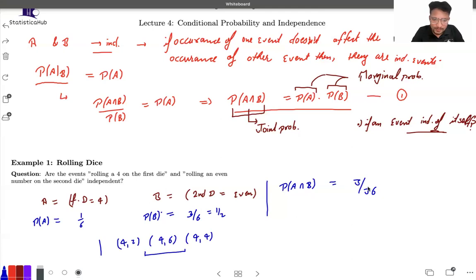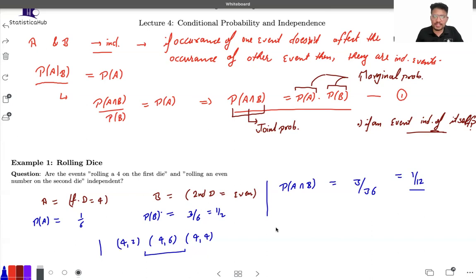Just check whether I missed something or not. We are having 4 on the first dice and some even number on the second dice: 4,6; 4,2; and 4,4, correct. So this is coming out to be 3/36, that is 1/12. Now we have to check whether these are independent or not.